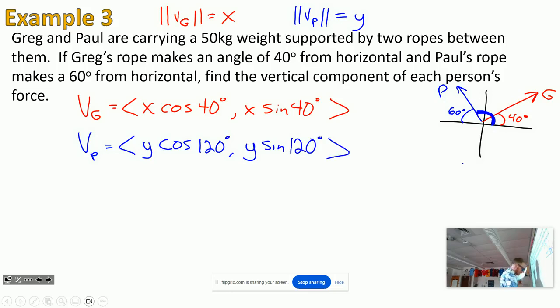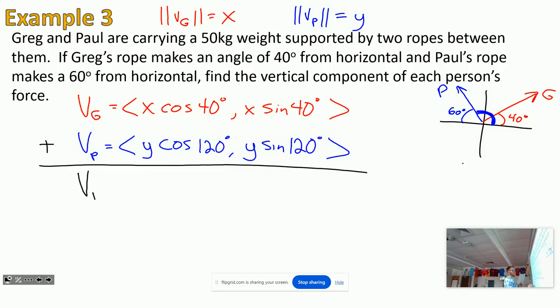All right, so here are the two gentlemen working together to lift the box. When you add it together, you have to think about what the resultant vector should be. We're assuming they're not leaning left or right at all, but they're lifting and holding a 50 kilogram weight, which means their vertical components need to add together to get 50.